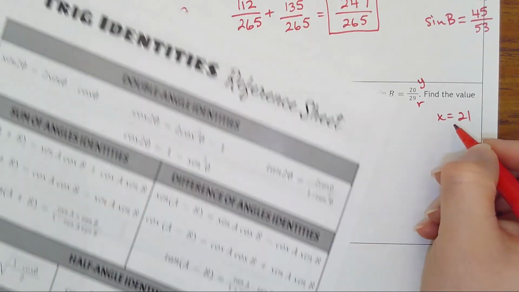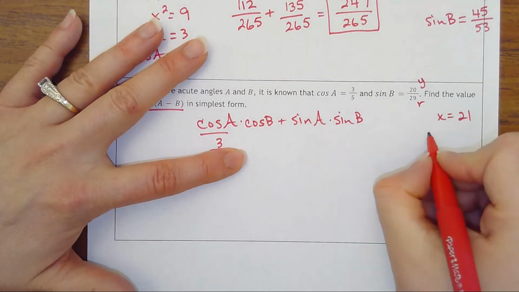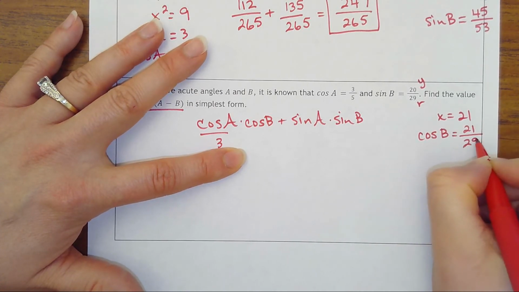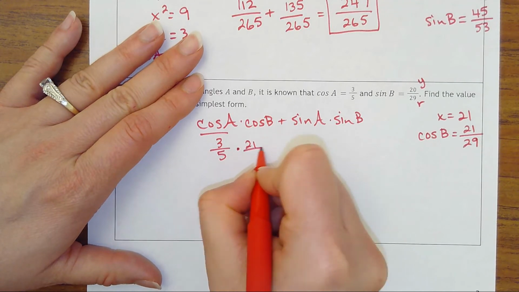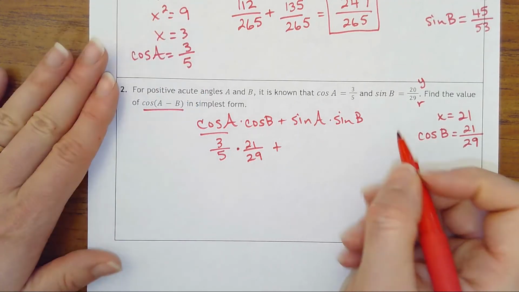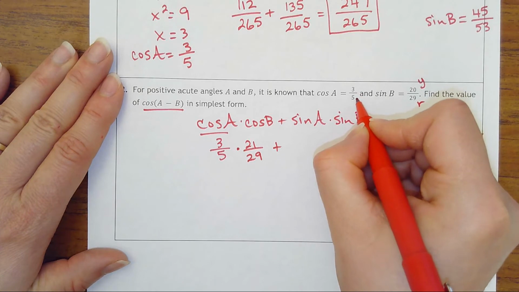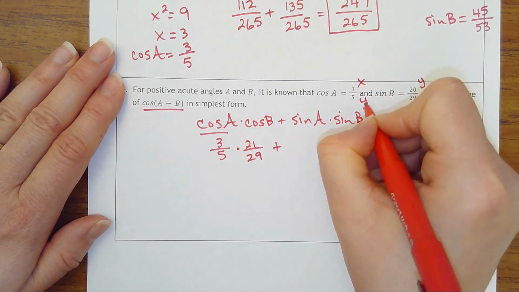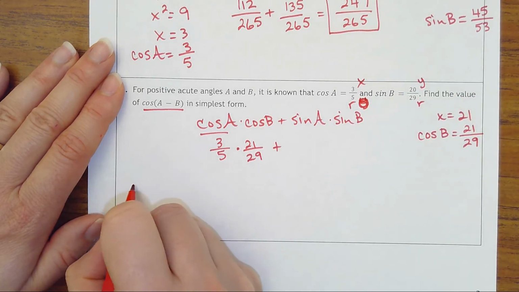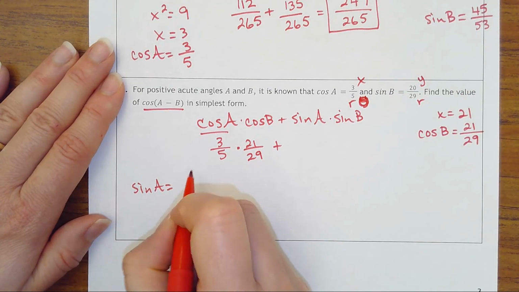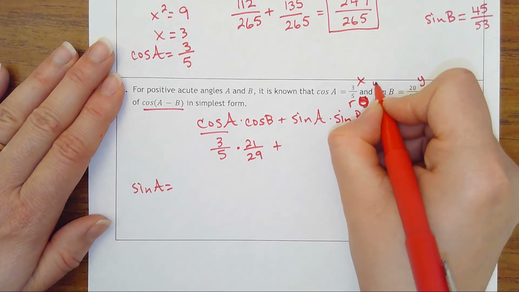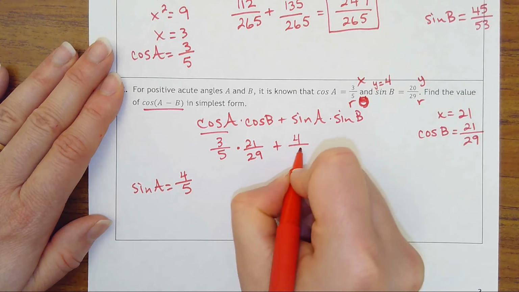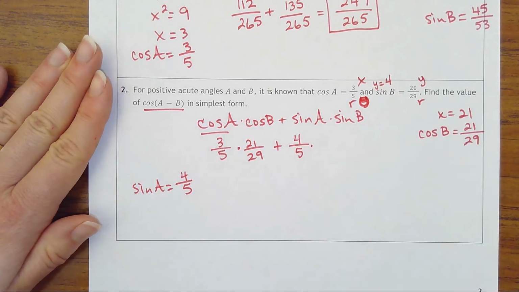And so cosine of B should be 21 over 29. Plus sine of A. Here's again this 3 and 5, so this must be a 3, 4, 5 triangle. Oh, x over r, sorry. So sine of A would be y, which is going to be 4/5, times sine of B, which we have as 20 over 29.